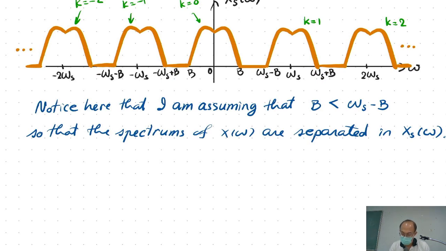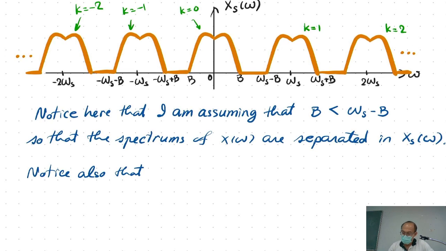So, notice also that if we know xs, right? How do I write it? What should I write it down?